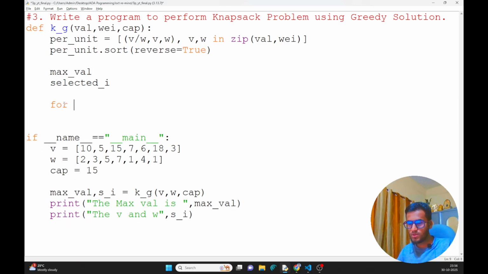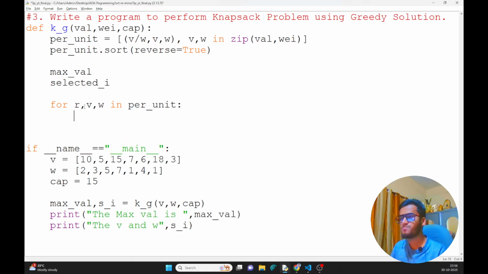We want to write a for loop. We write in the per unit, right? Instead of per unit, I will write r means ratio, value and weight, for in per unit. From these values we are just iterating, right?